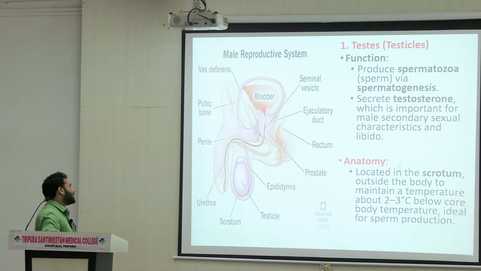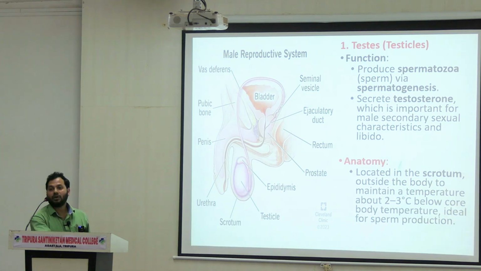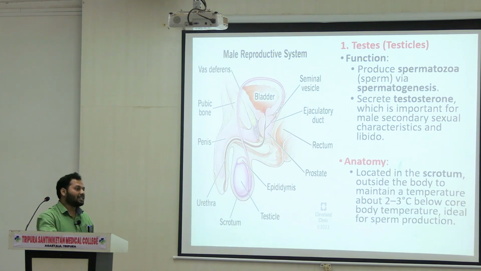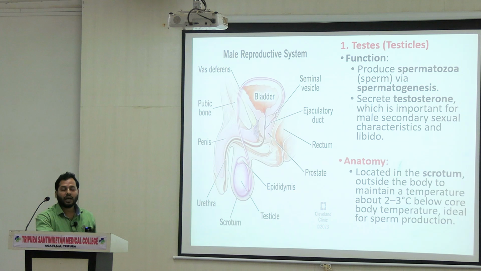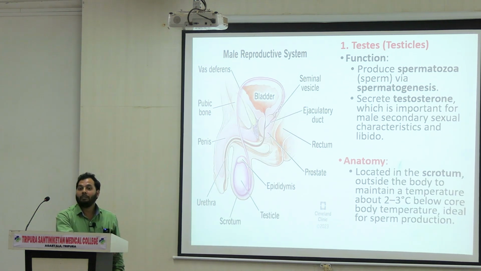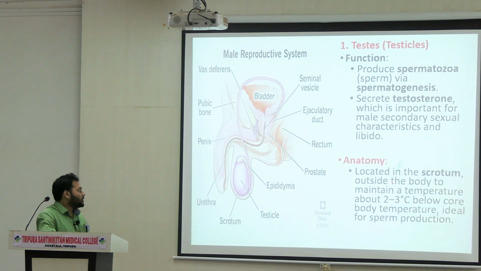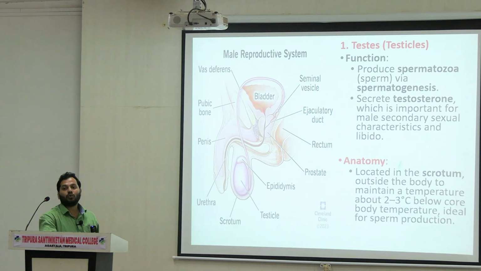So the very first and most important part of the male reproductive system is the testicles. The testicles are located in the scrotum, which is present outside the body. The scrotum plays an important role in the male reproductive system. How?